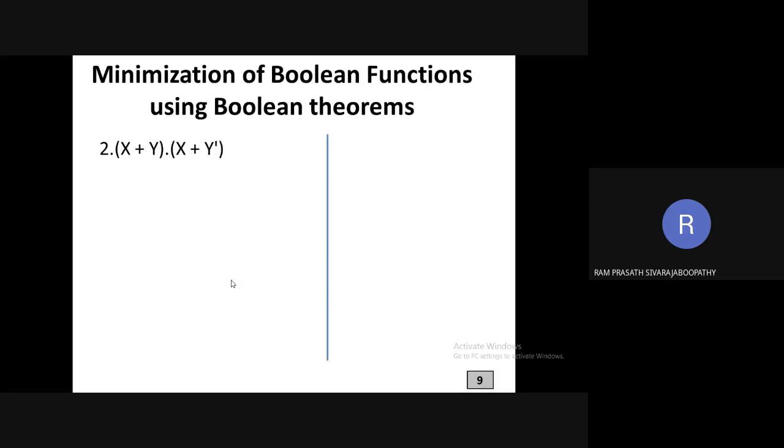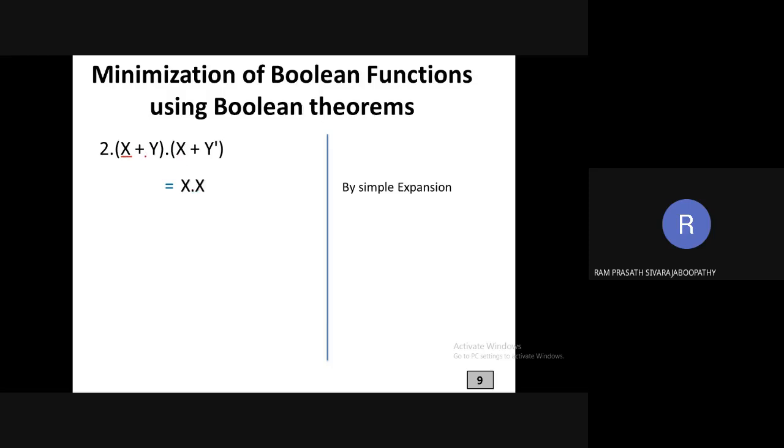x plus y dot x plus y bar. How can we write this by simple expansion? First I am going to take x and AND it with x, so x dot x.